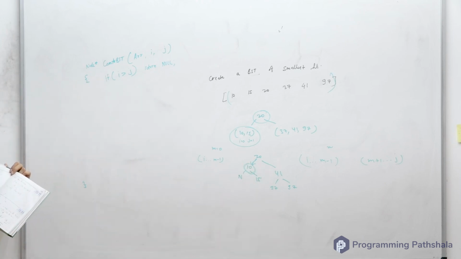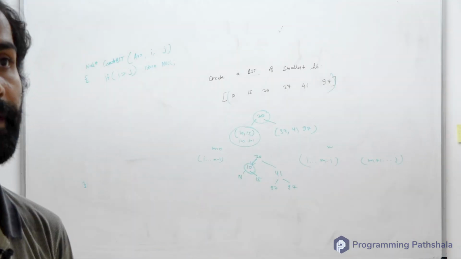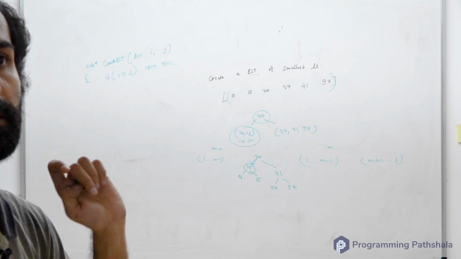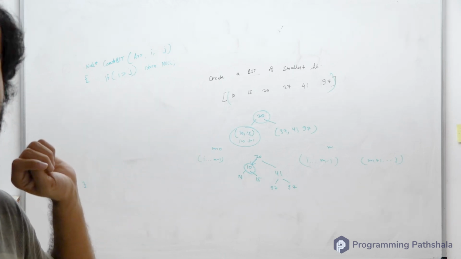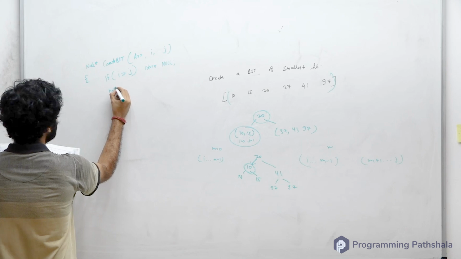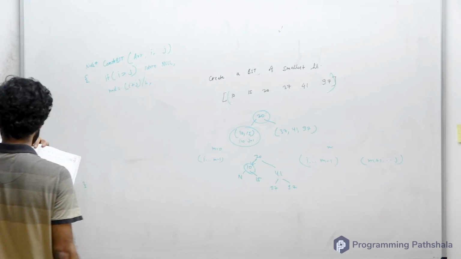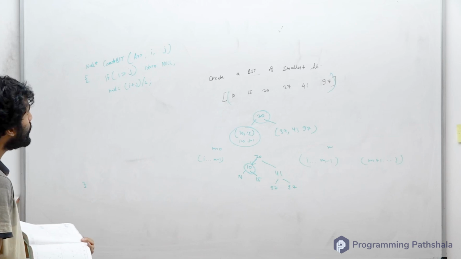Okay, otherwise what I am supposed to do? Tell me. I should figure out mid. Okay, in how much time can I figure out my mid? It will be (i plus j) by 2, right? So your mid will be equal to (i plus j) by 2. Okay, and now what do you want to do?